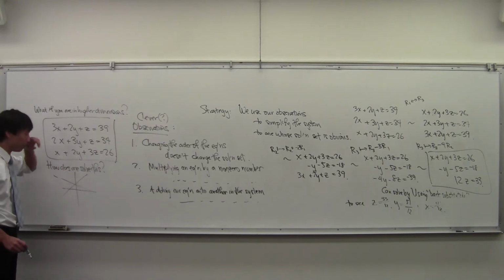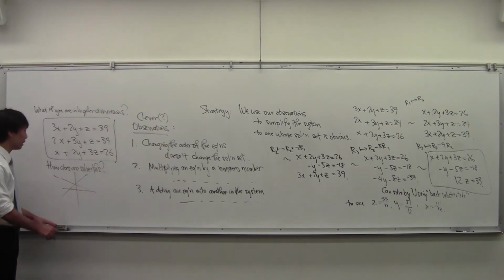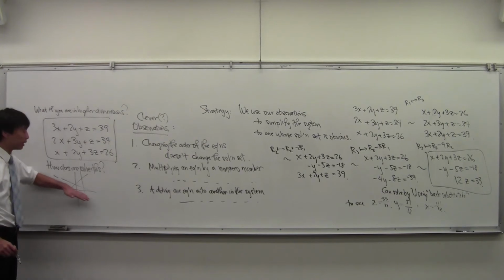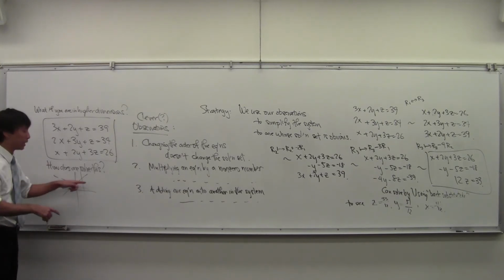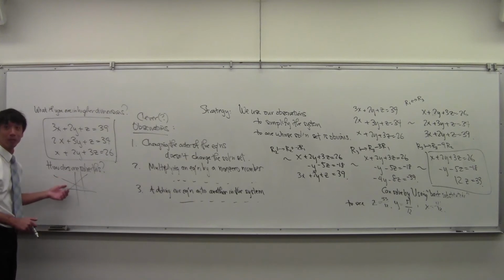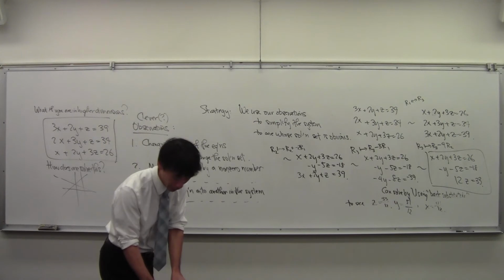So your chances are very, very good that you're going to have a solution. But if you have 3 lines in 2 dimensions, then your chances of having a solution are very small, because you'd have to have all 3 lines hitting the same point, and the chance of that happening is small. So this leads to some terminology.